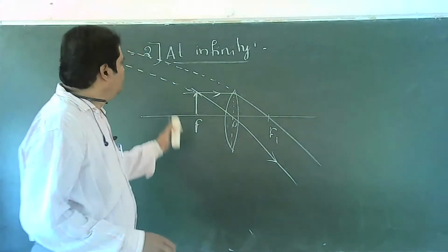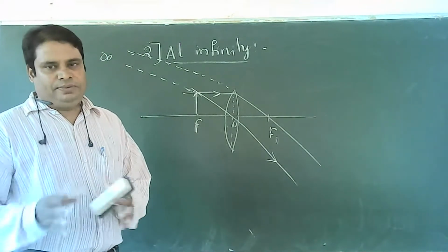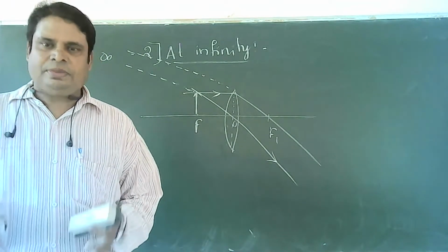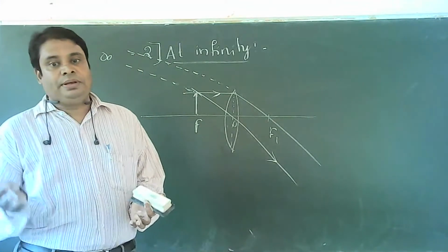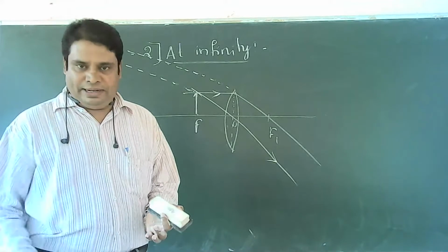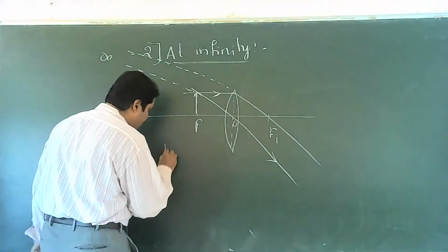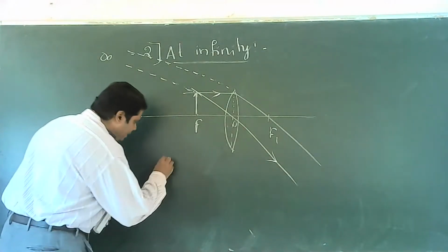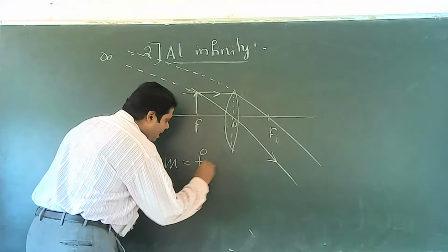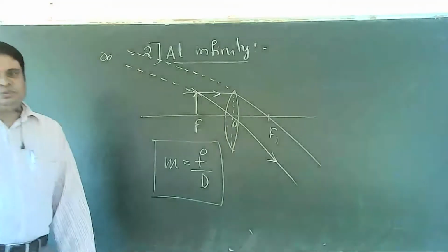Question: draw image formation in case of simple microscope when image is formed at infinity, and write the magnification. Here magnification is given by M is equal to F by D. Please remember this directly.